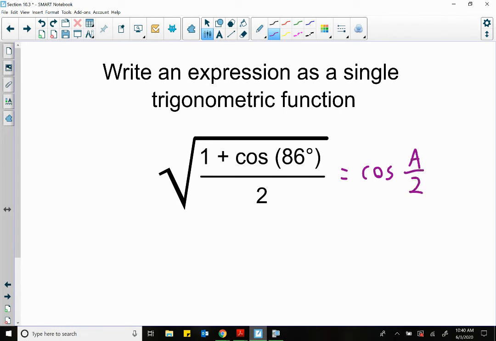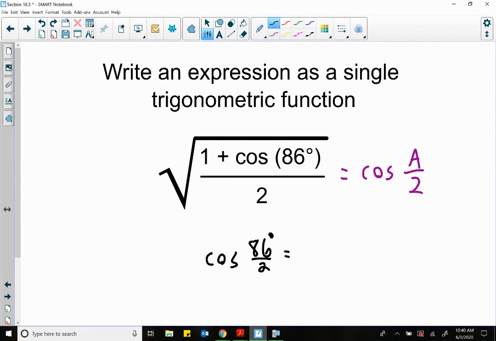So go ahead and plug in and tell me what the answer is. So all you had to do was take cosine of 86 divided by 2.